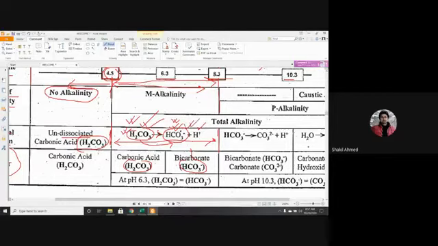Am I right? Okay. Now at a point at 6.3, H2CO3 concentration is equal to bicarbonate ion concentration. If you go beyond 6.3, then this concentration gets higher than this concentration.